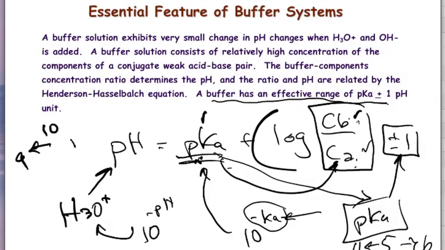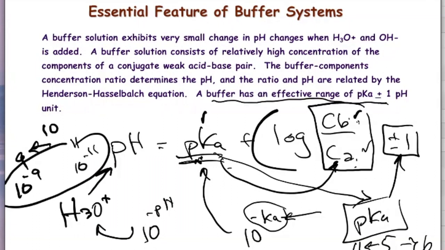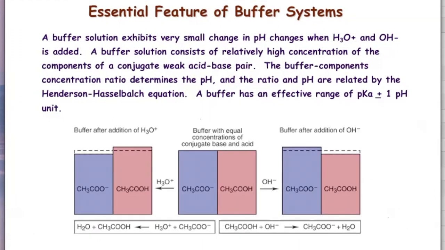So Ka values of 10 to the minus 9 and 10 to the minus 11 will be the chemicals that you want. Those are the Ka values that make good chemicals for these buffers. That's basically what's going on right here.